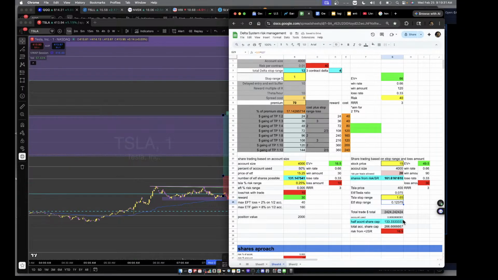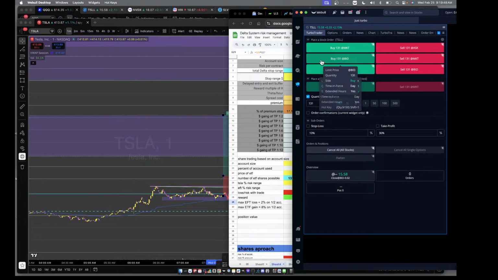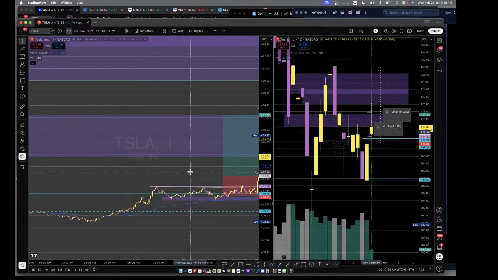We lose $16 because we have to use the cap, which is the shares we're actually going to use is 133 out of the 166. So we go back to our trade, we go here, 133 and we buy. Okay, and then we execute, and there it is.